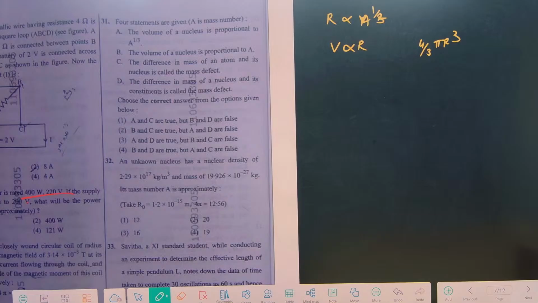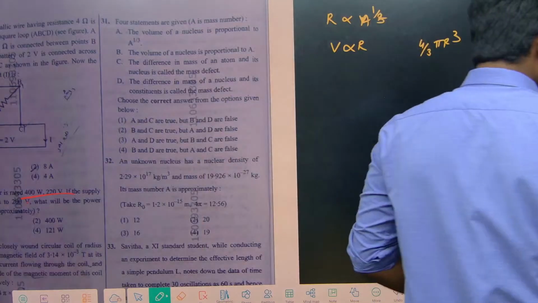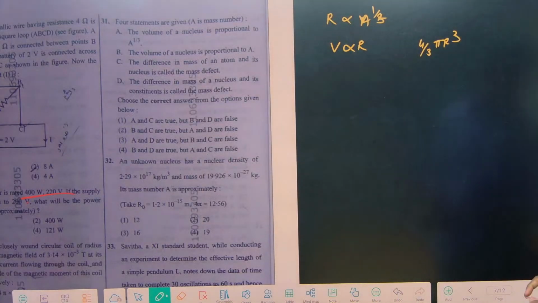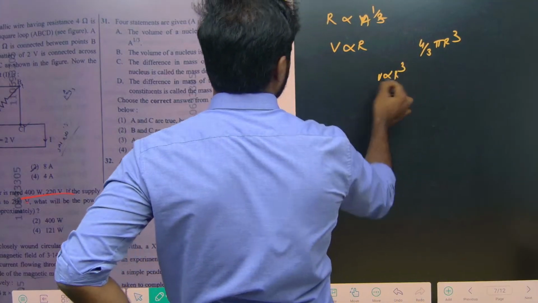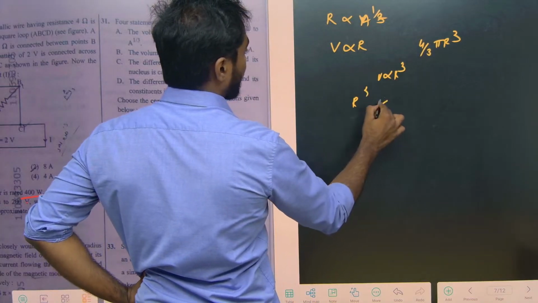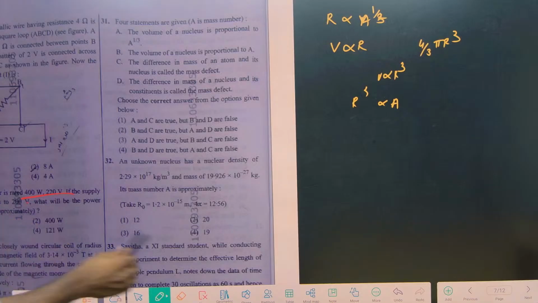Okay, what about the next one? The difference in mass of an atom and its nucleus is called mass defect. Is that correct? One more thing: V is directly proportional to R cube, and R cube is directly proportional to A, so it is not A power 1/3.